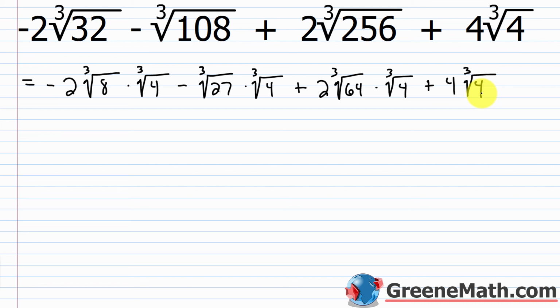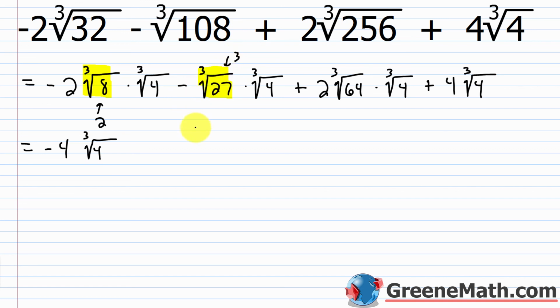All right, so now we look at what we can simplify. So this guy right here is going to be 2. So negative 2 times 2 is negative 4. And then times what's left, which is the cube root of 4. Then we can simplify this guy right here. That's going to be 3.